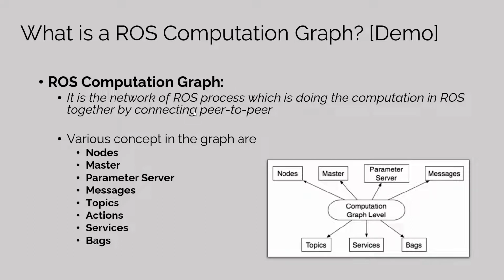So the first node will store that value to the parameter server, and the second, third and other nodes can access that value. So it's like a global variable, like a storage, and we can store different kinds of data to the parameter server, and any node can access that value. You can set the scope of the variable as public or private. If it is private, then only one node can access it, but if it is public, then any node can access it.